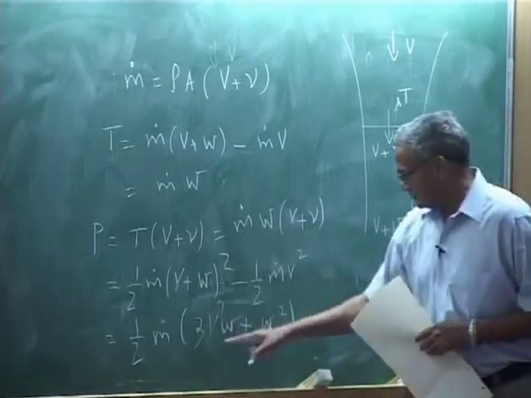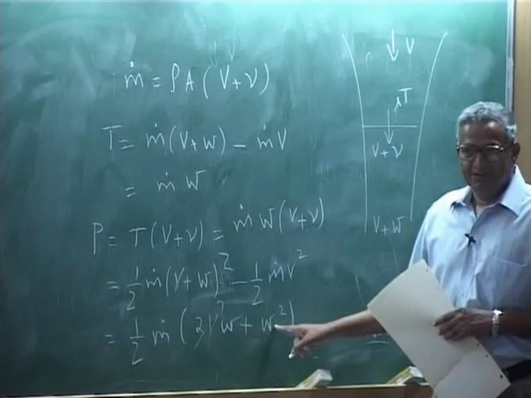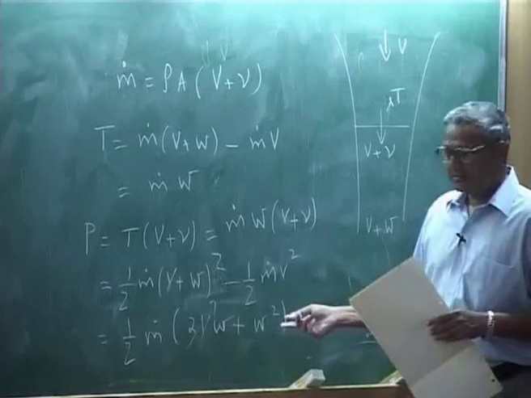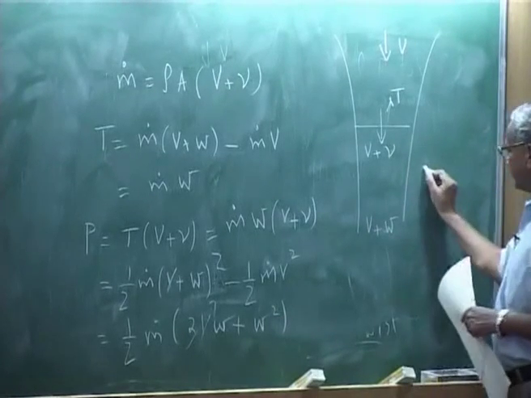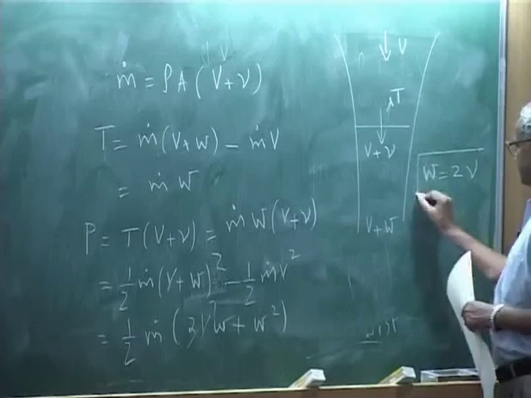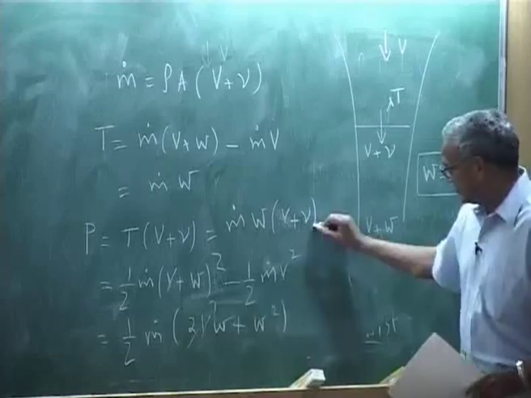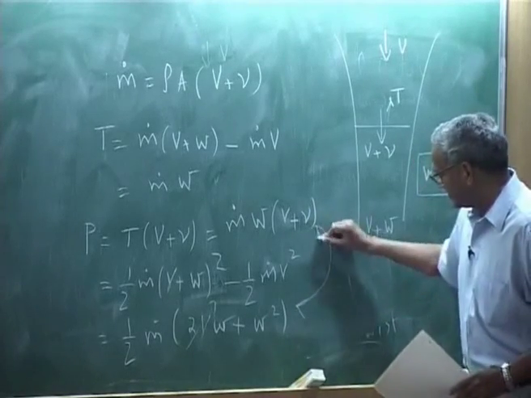Okay, m dot W square will cancel, leaving behind the condition that W is 2 nu. That is all, because you equate these two.